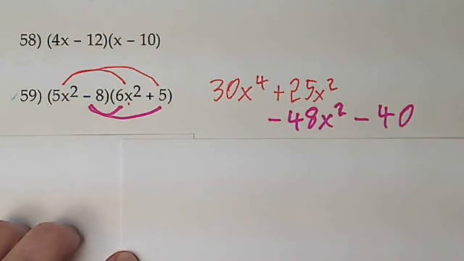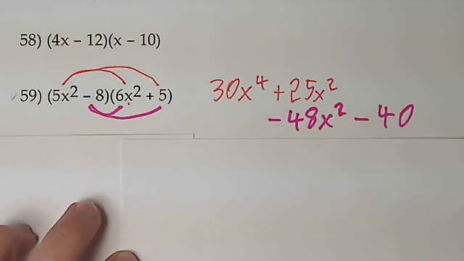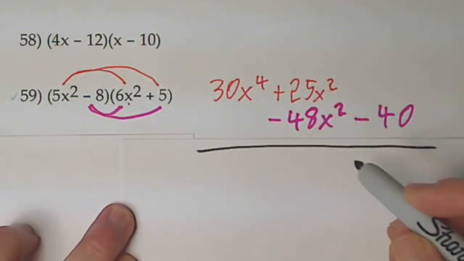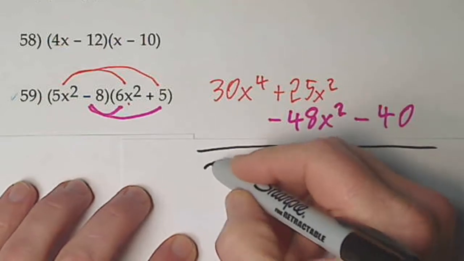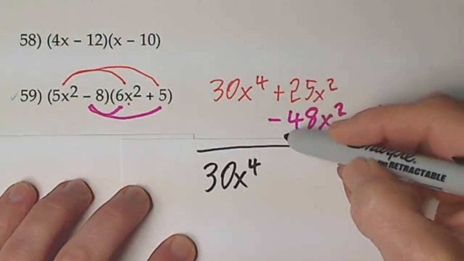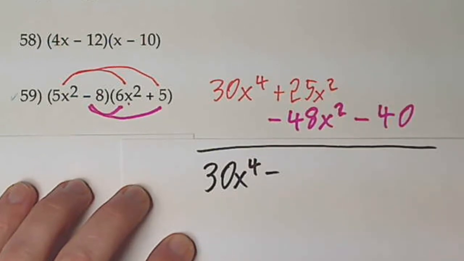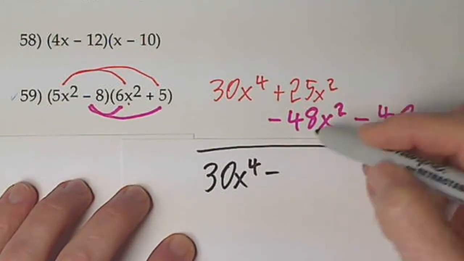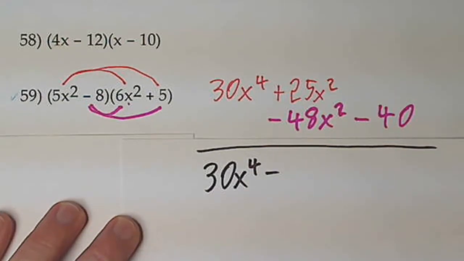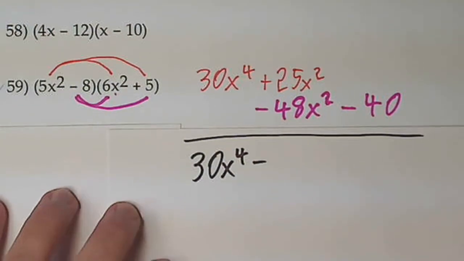I can combine these two like terms. So I'll have 30x to the fourth. The signs are different, so the answer is going to be negative, but I cannot do the subtraction in this form. You need to sneak off to the side, so to speak.